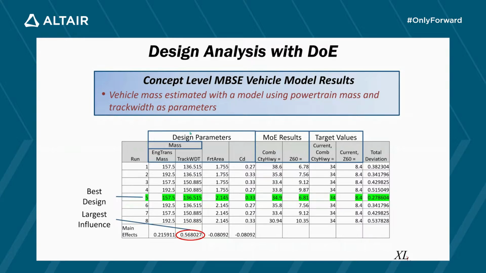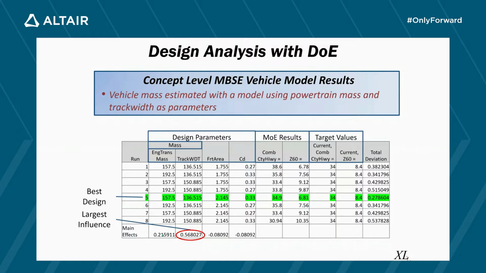So you can see the results here. These are my design parameters: engine transmission mass, track width, frontal area, and CD. These are the MOE results from the 8 runs for the combined city highway and the 0 to 60. These are the target values and the requirement. You can see from the result that the best combination of parameters was run 5, as it had the smallest total deviation.